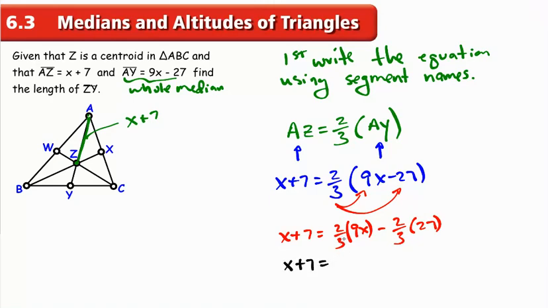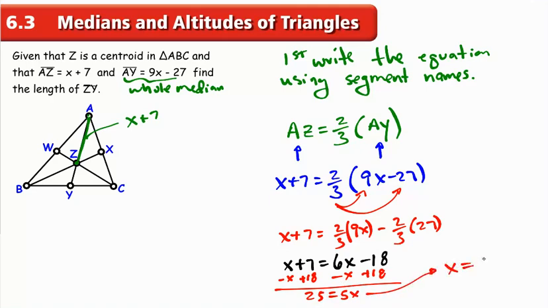So 3 divides into 9 and gives us 3, multiplied by 2, we're at 6x. And 3 divides into 27, that gives us 9, multiplied by 2 is minus 18. And we can subtract x from both sides and add 18 to both sides. And that gives us 25 is equal to 5x, or that x is equal to 5.